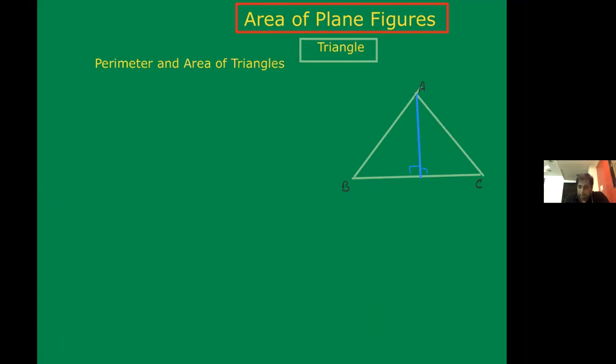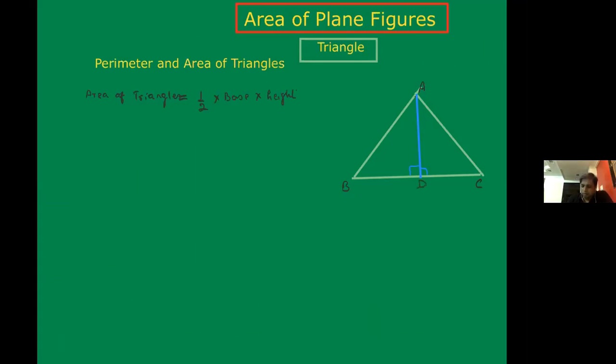Okay, so if I say the area of the triangle equals 1 by 2 base into height. Okay, so this is the point D.